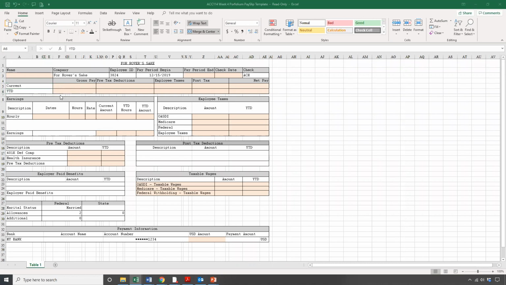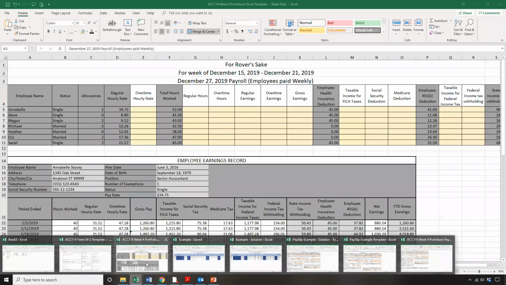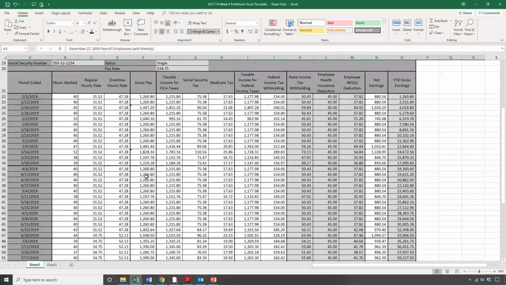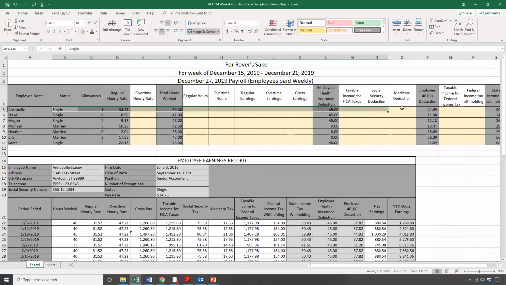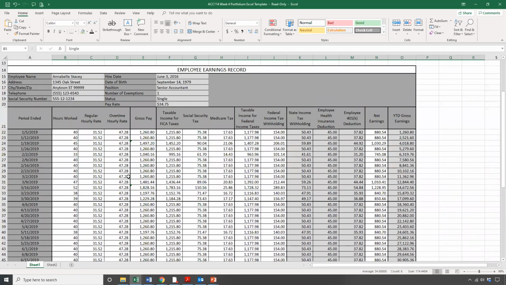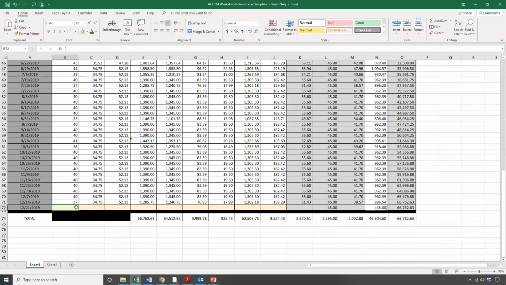So for her earnings, you've got that sheet that we just went over that you can see up here. So you're going to be able to see all of her total earnings right here for the current period. And then once you fill this out, you're going to have all of her year-to-date information down here at the bottom.